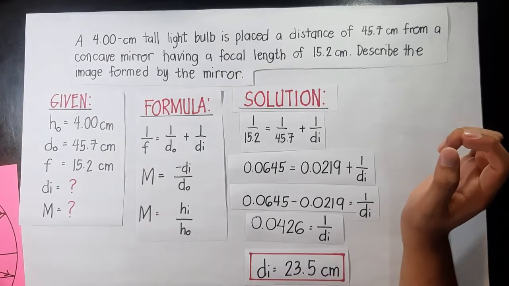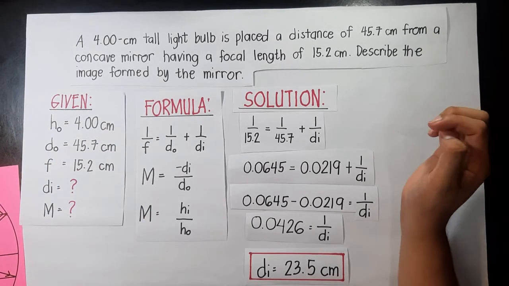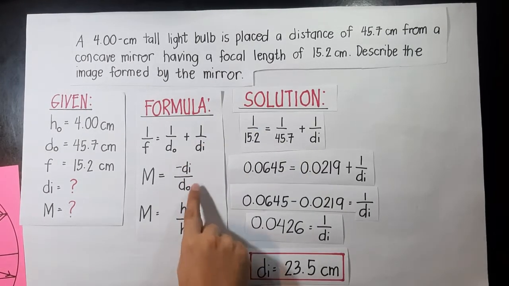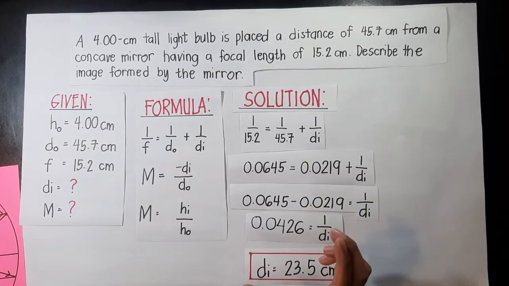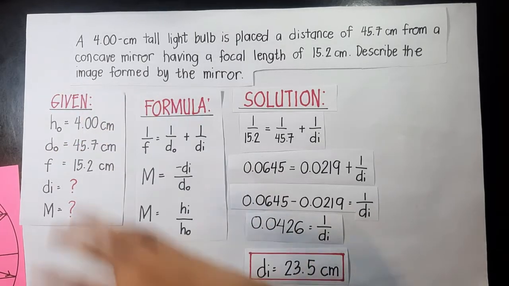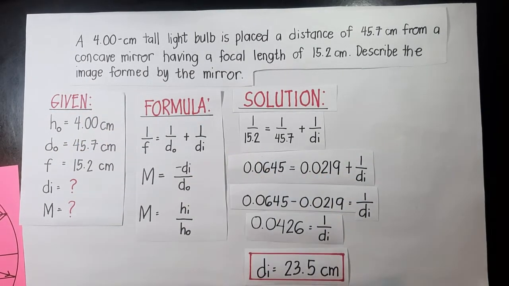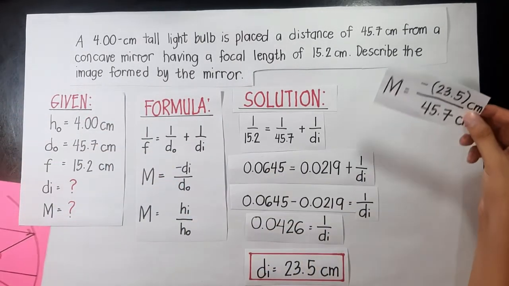So, for the magnification, madali na lang natin siya makukuha simply because the value of our DI and the value of our DO are both given now. Nag-compute na tayo ng DI at DO, so madali na lang natin siya makukuha through the second formula, which is negative DI over DO. Magsasubstitute na lang tayo ng mga value diyan.